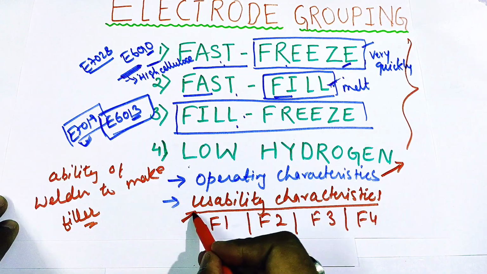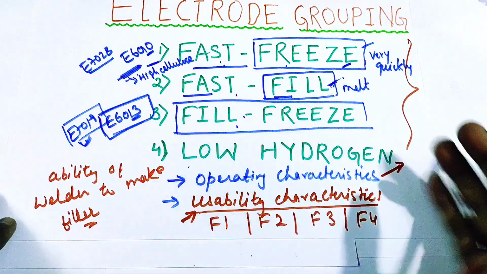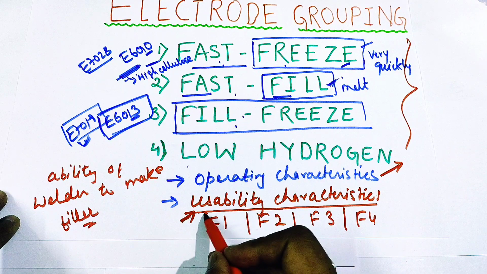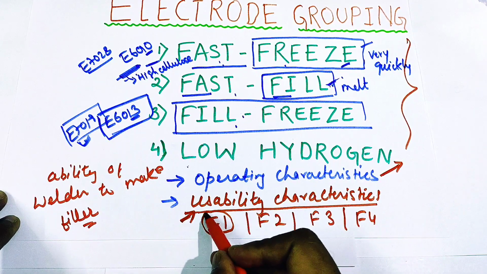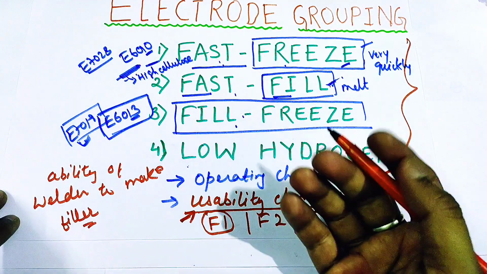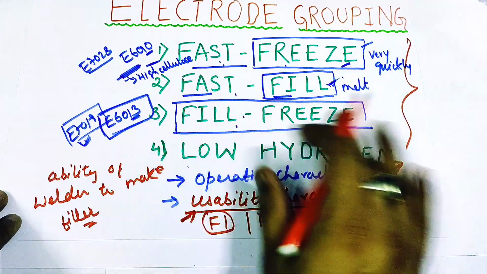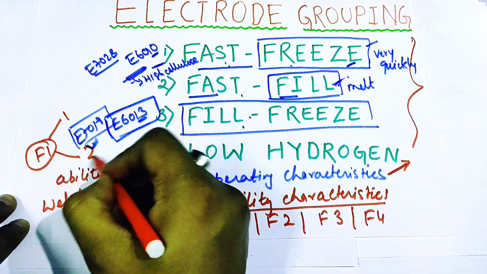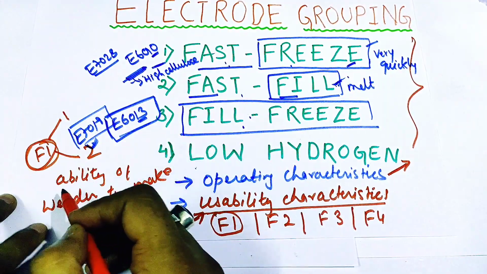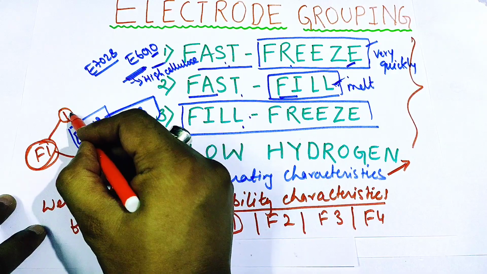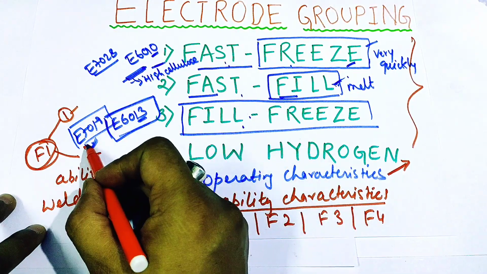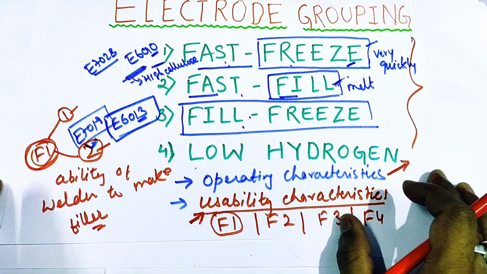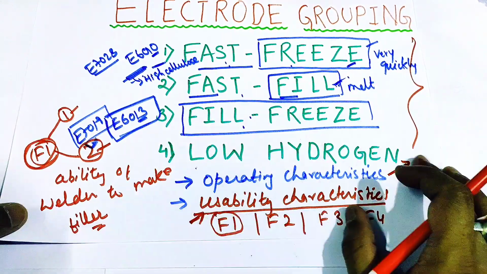So it is associated with the ability of the welder. Suppose we have two electrodes, 1 and 2, having the same category F1, then if the welder can do welding with 1, it is expected that the welder can do welding with electrode 2 if it has the same F number. So this is about the ability of the welder.